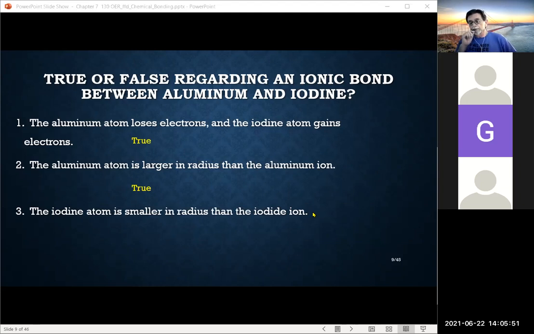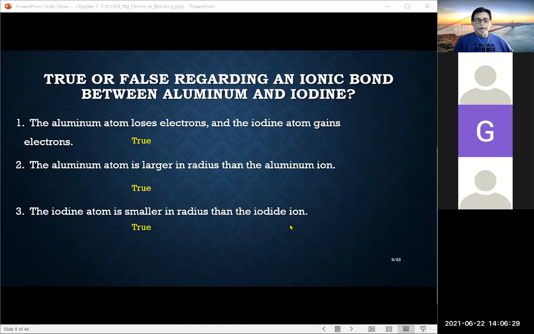The iodine atom is smaller in radius than the iodide ion. Again, read the question carefully. Would that be a true statement? The atom is smaller than the ion. True? Not true? 50-50 chance. It's smaller. True.